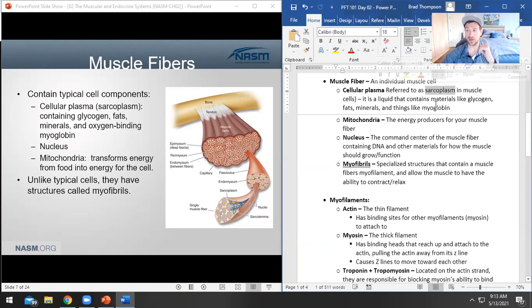And the reason it gets a special name is because it's got the liquid in it just like anything else, but it has some special materials that muscles need more than most of your other cells. There's going to be a lot of glycogen in there. Glycogen is basically a liquid storage form of carbohydrates.